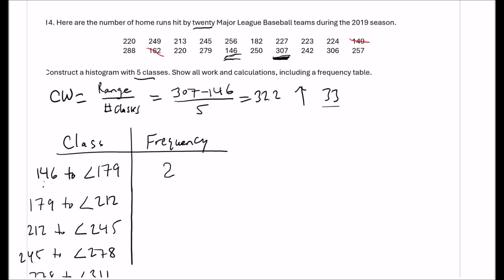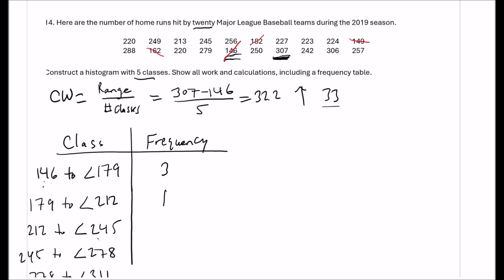Then 179 to 211, that's 1. Now I forgot to count the 146, so it should be counted there. So that's actually 3 for that class. So now we have 3 and 1.